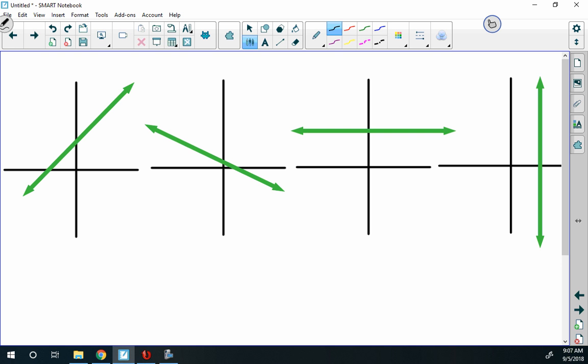In the first instance, when the line rises from left to right, the slope's positive. In advanced math, we say the slope is greater than 0. That's just a fancy shorthand way of saying the slope is positive.